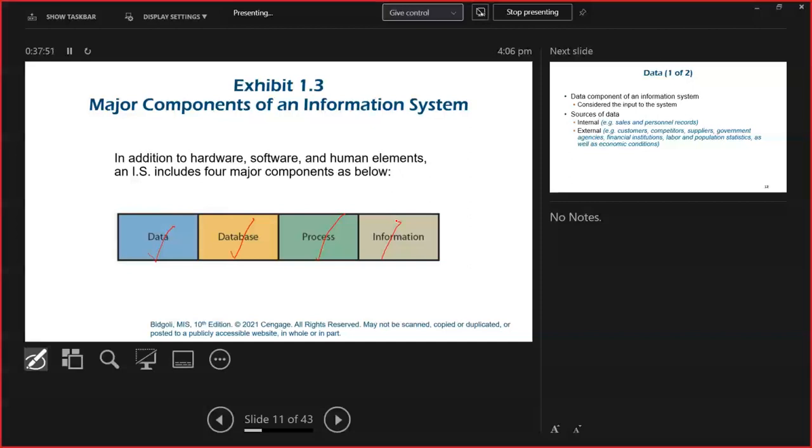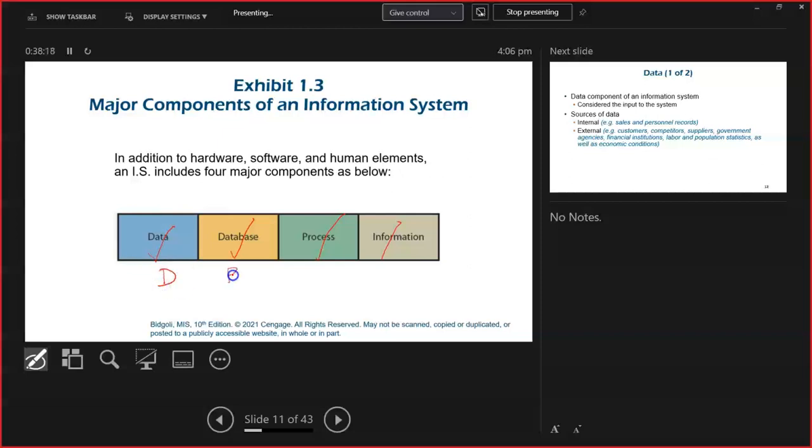Information system means IT used in a company, all right? And we find some traits, some features of it. If a company doesn't have data, process, information and database, especially database, we normally think that they don't have an information system.